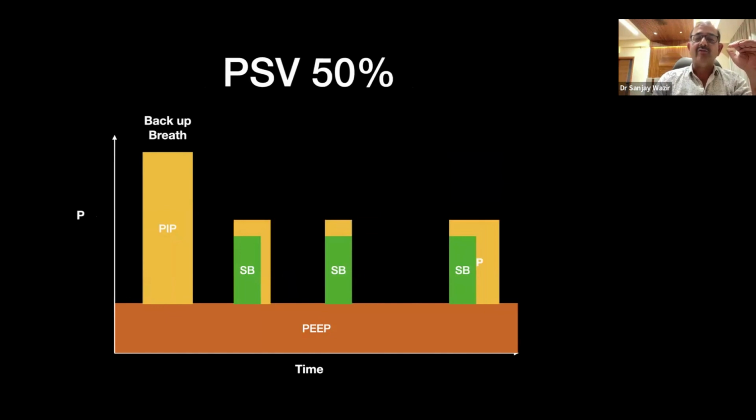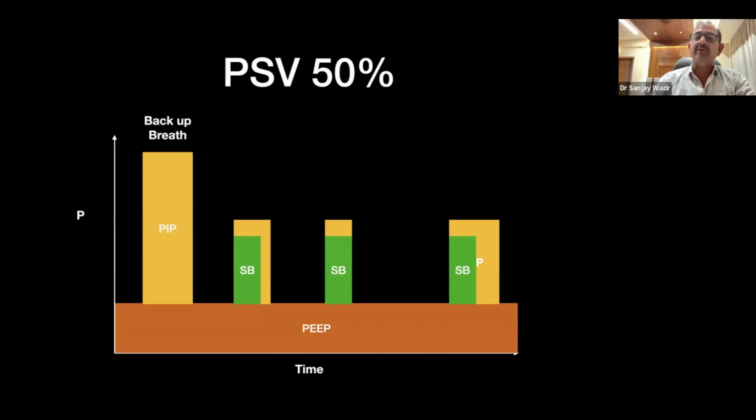So for the SIMV breaths, which Dr. Rajesh was mentioning, I set a particular pressure, in this case 16, but I set a pressure support of 50% of this. So I need 8 of boost for the spontaneous breaths which the baby is breathing. In this case also every breath would be supported, but some of the breaths would be supported partially, some completely. So it is a good weaning mode, when you use SIMV with pressure support.